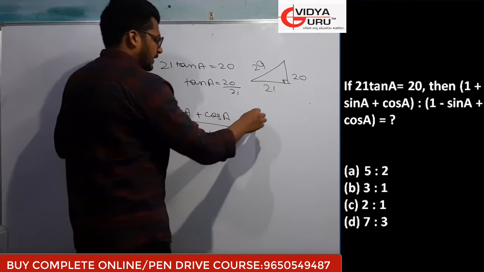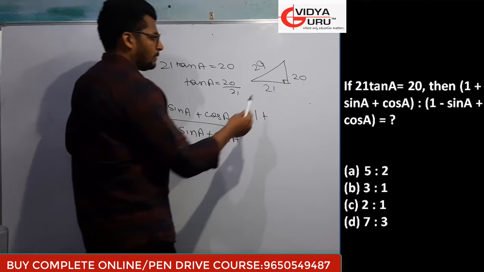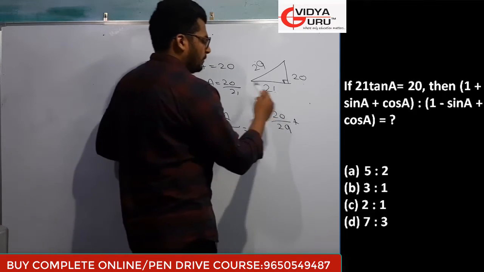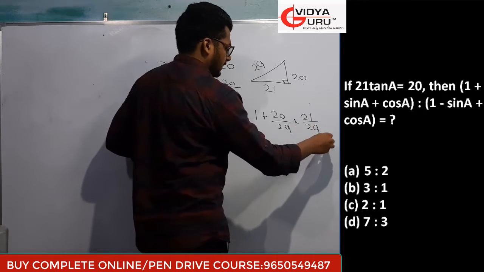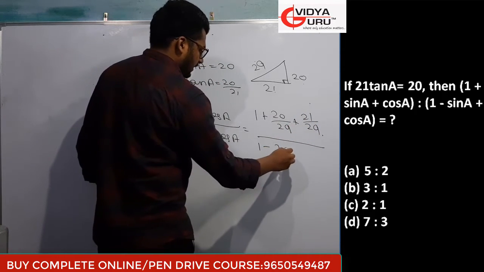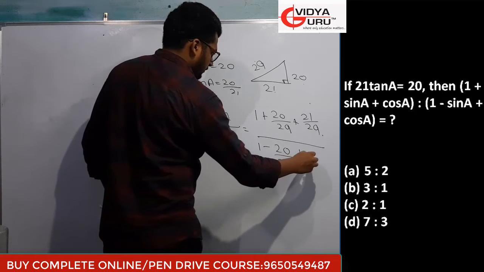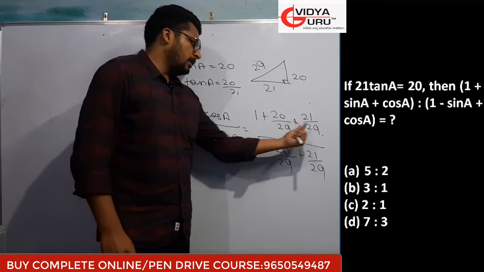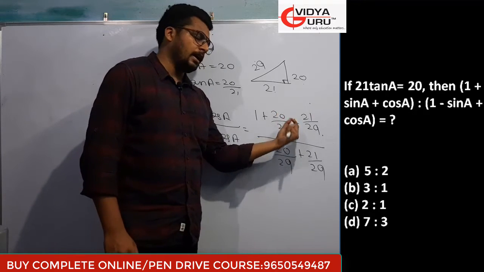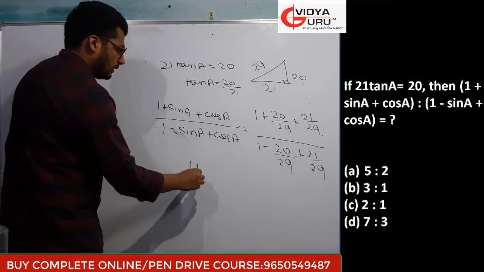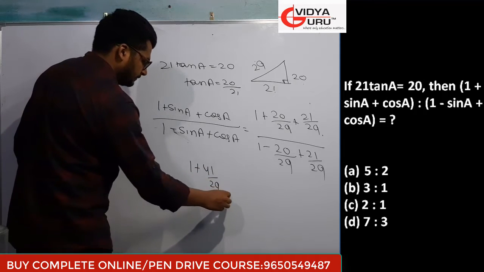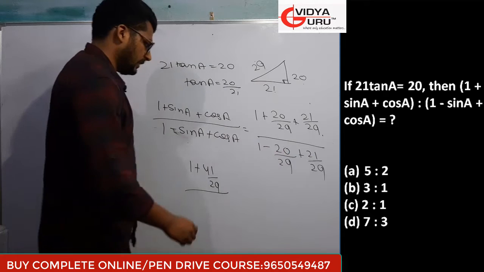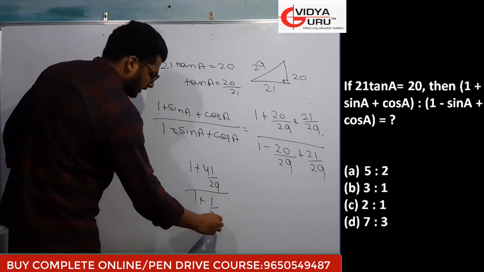So if I put the value here, sin A will be equal to what? Perpendicular upon hypotenuse, 20 by 29, and cos A will be equal to base upon hypotenuse, 21 upon 29. Same way here I can write it as 1 plus 20 by 29 plus 21 by 29. The denominator is the same, so these two can be added up. So it will be 1 plus 41 by 29, and in the denominator I can write 1 minus 20 by 29 plus 21 by 29, which gives 1 plus 1 by 29.